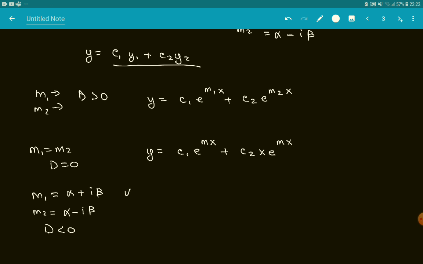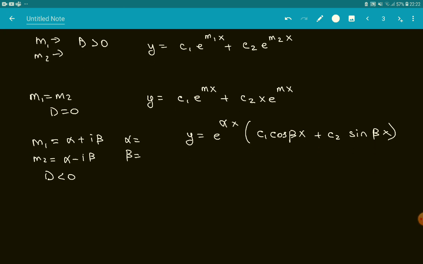After we find alpha and beta, then we write y equal to e to the power alpha x, multiplied by c1 cosine beta x plus c2 sine beta x. Yeah, that's it. So let's see how to use it. I'll just write example 1 from the lecture slides, then we go to tutorial questions.